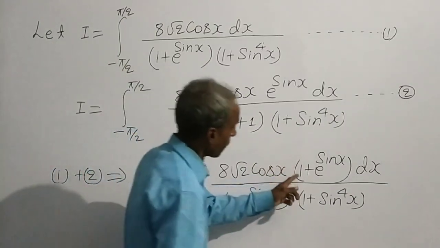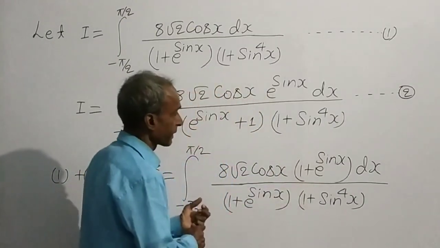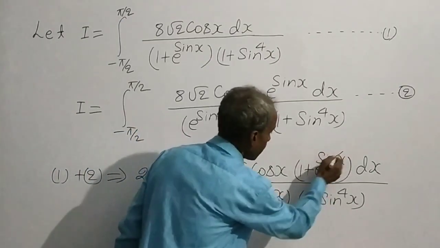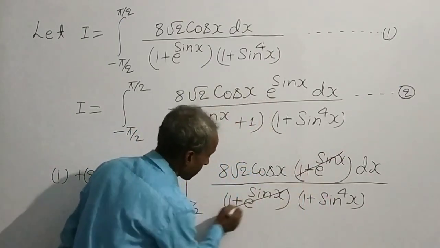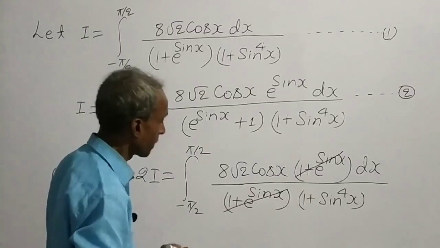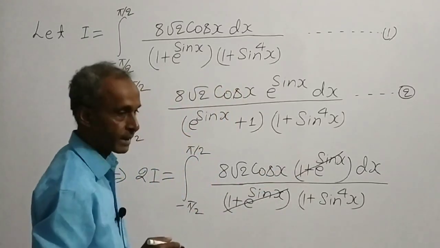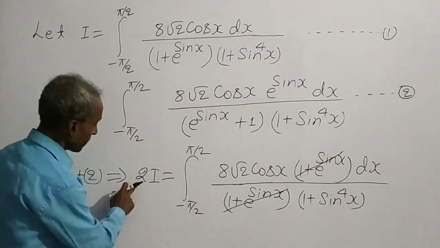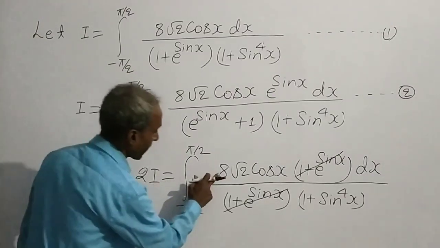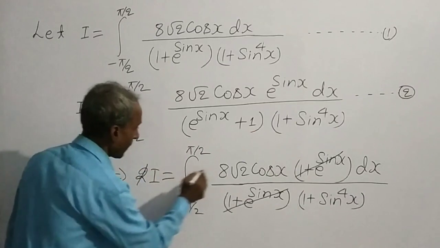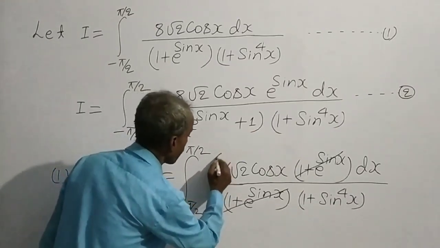Now 1 plus e to the power sin x is in the numerator and denominator both. Therefore, this will be cancelled out from numerator and denominator. These two will cancel, this 8 and here will be left 4.